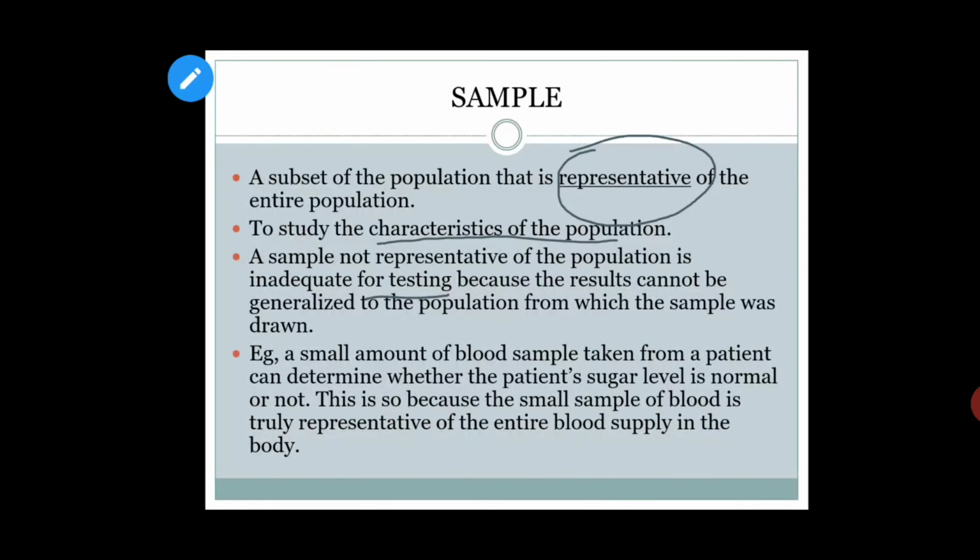So a good example is a small amount of blood taken from a patient can determine whether the patient's sugar level is normal or not. This is so because the small sample of blood is truly representative of the entire blood supply in the body.